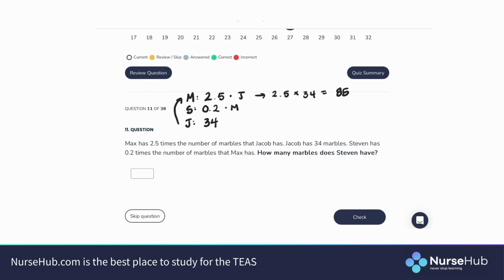Now we know that Max has 85 marbles. Jacob has 34, but the question is asking about Stephen. And Stephen is 0.2 times Max's number. So we take 0.2 times 85, and that's going to give us 17. So we know Stephen has 17 marbles.